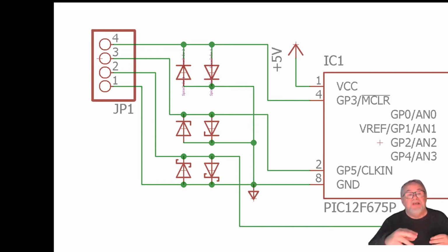So that 0.6 or 0.7 of a volt is enough to be detected by the micro. So I now know that the input to pin 4 on that microprocessor will never see more than about 0.7 of a volt, which is great, because that's enough for me to detect it and get on with the job.